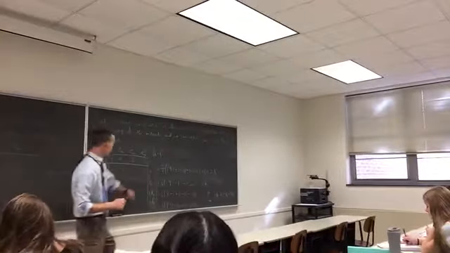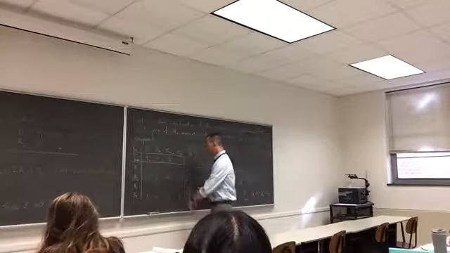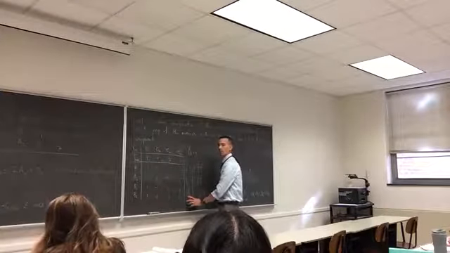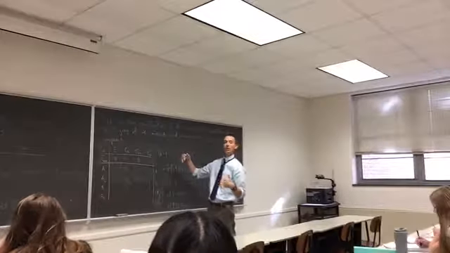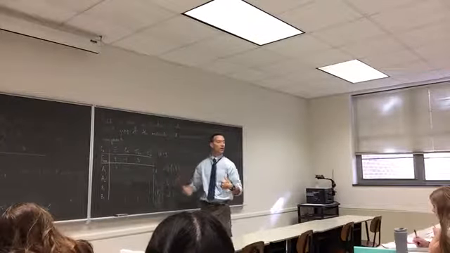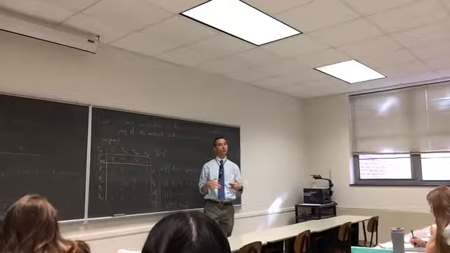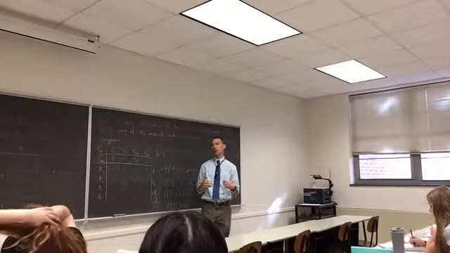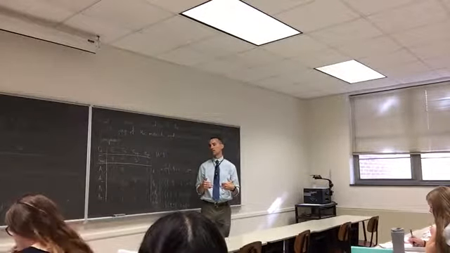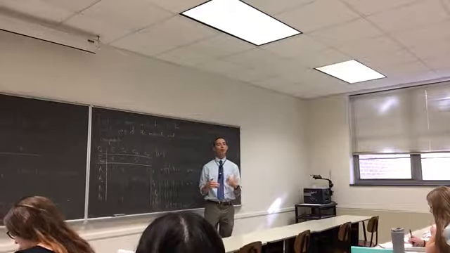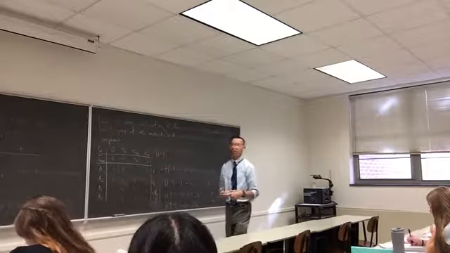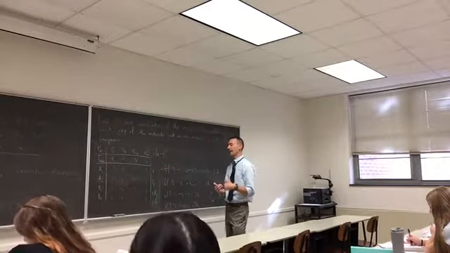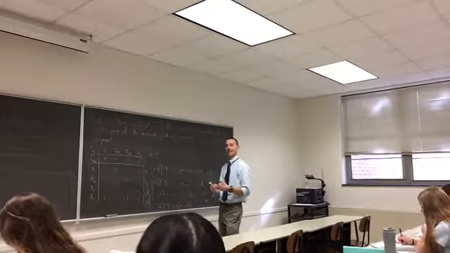So not only will this column help us back out from the total degrees of freedom of the molecule the things that belong to motion in the X, Y, and Z direction, but it will also help us identify, of the remaining vibrations, which ones, if any, are IR active.